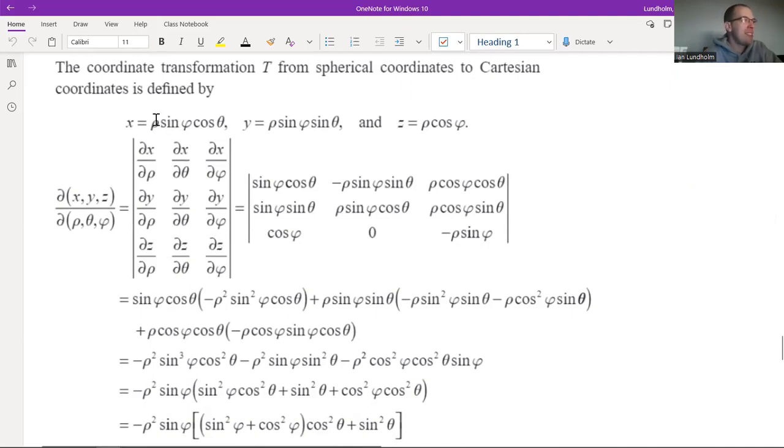Yeah, x is equal to rho sine phi cosine theta. The rho sine phi part is little r, the radius of the circle, whereas rho is the radius of the sphere. So yeah, this is still r cosine theta, r sine theta, rho cosine phi. We've seen how these were derived.